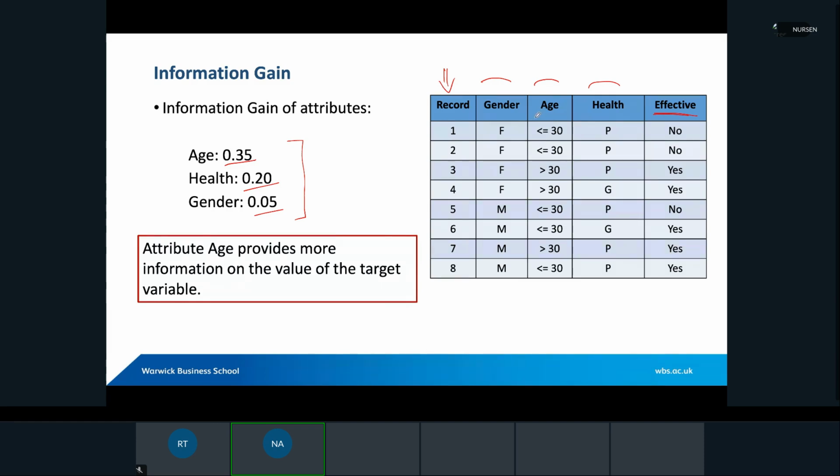And when we implement this in our workshop next week, you will see that some of the features have an information gain of 0 or very, very close to 0, like gender. And if you see there's a high jump, so here we see that age and health are quite close to each other, but we don't see a huge jump.